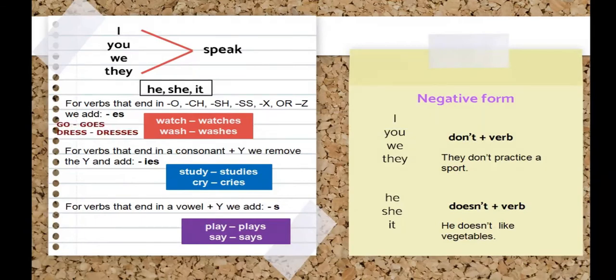When you have a sentence in present, this is how you use the verbs. And when you have a verb that ends in a consonant, here, pay attention. Your verb has to end in a consonant and then Y. For example, study. Here you have consonant, and after the consonant, you have Y. When you have consonant Y, you change the Y for I. And that is, instead of studys, studies.